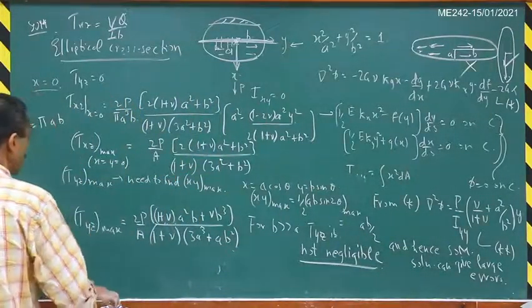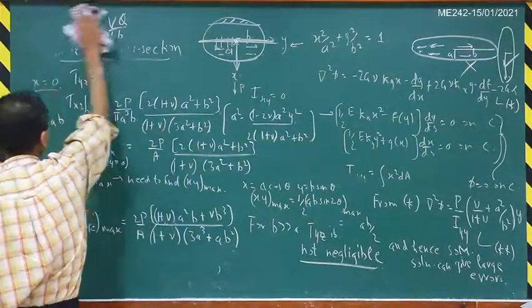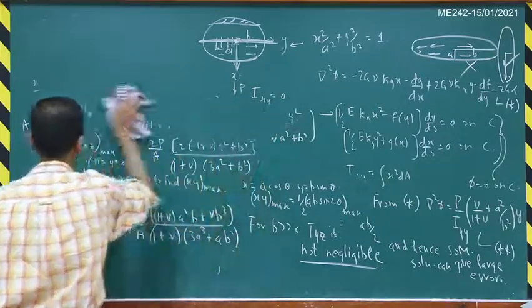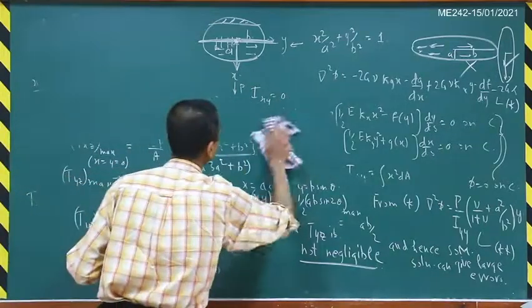Okay, now let us look at the circular cylinder, right? The circular cylinder is just a special case when A is equal to B. So you just set A equal to B, then you will get it. So let us do that now.